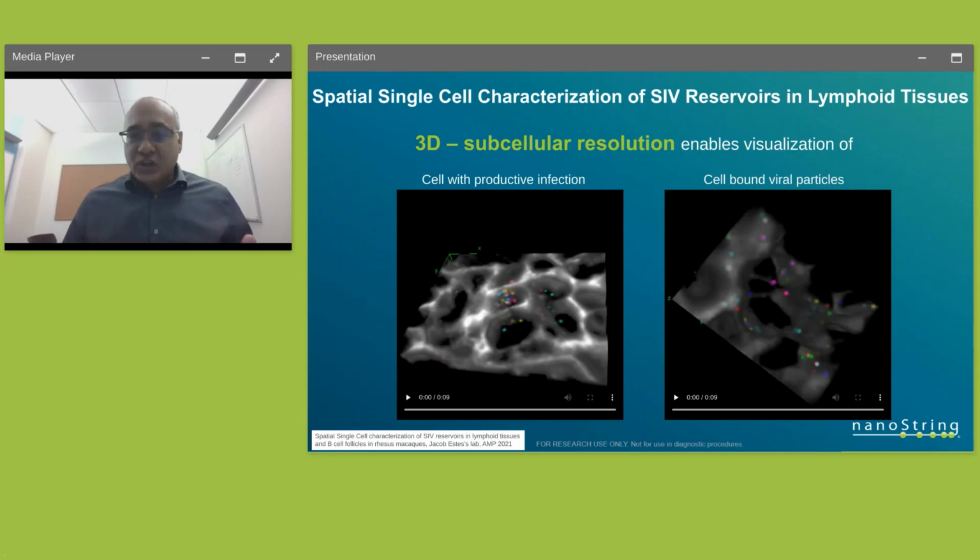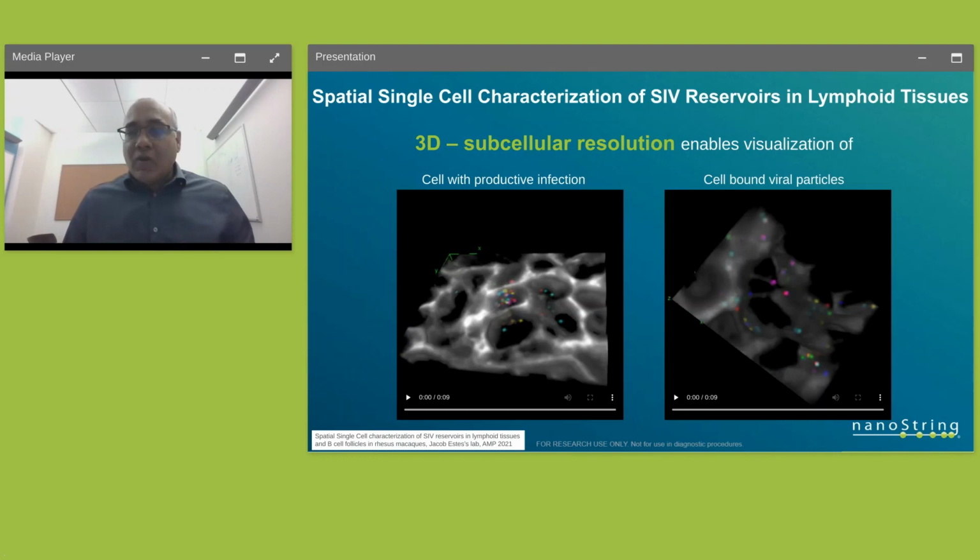Because of such high resolution, researchers can easily visualize SIV gene expression in the cytoplasm of productively infected cells, whereas in uninfected cells, this SIV gene expression is trapped in the plasma membrane.